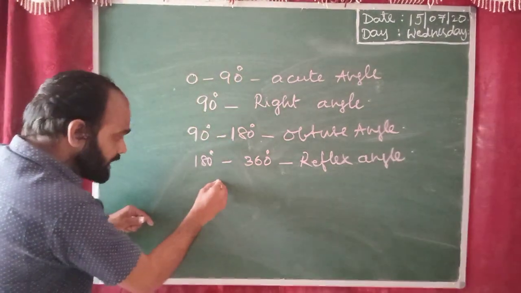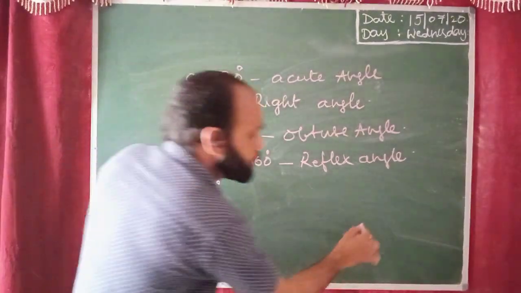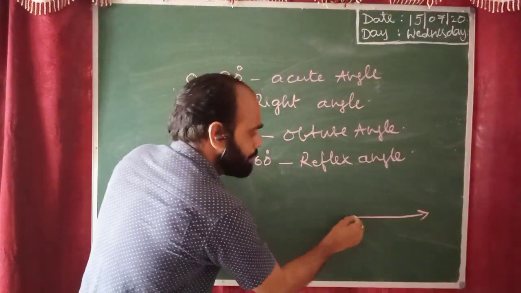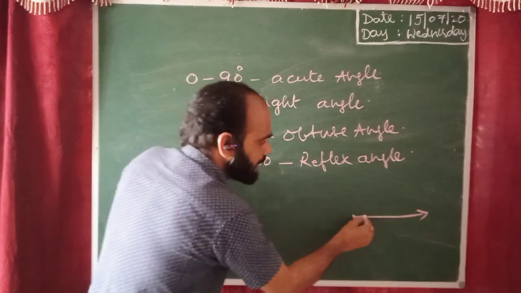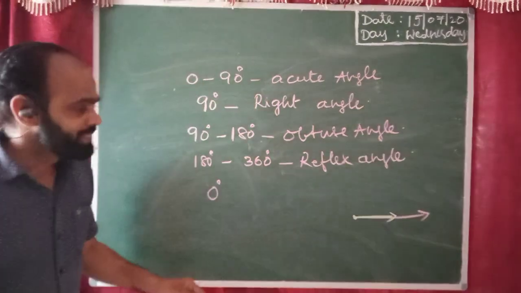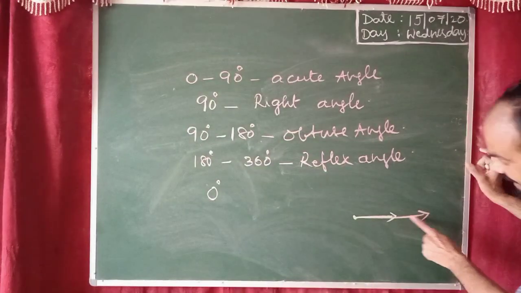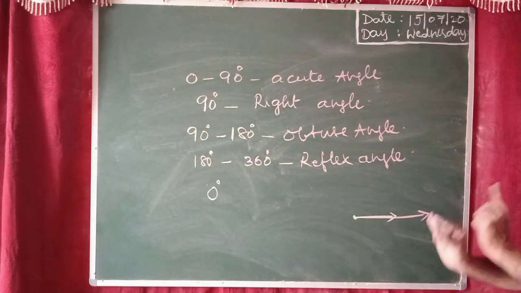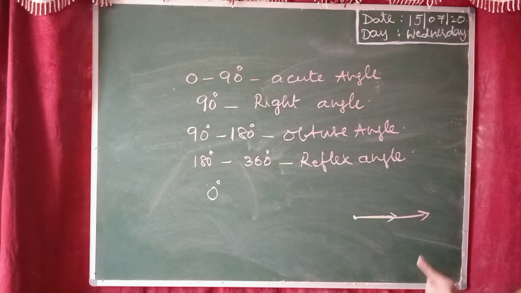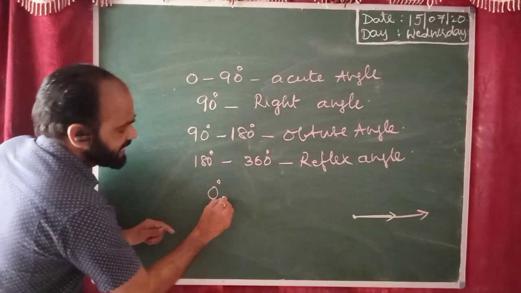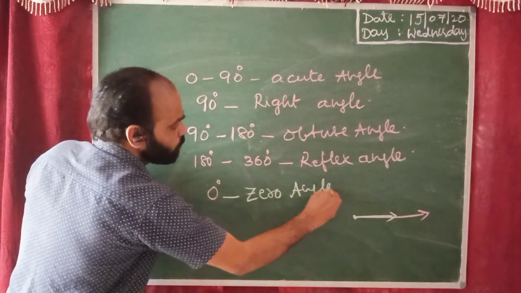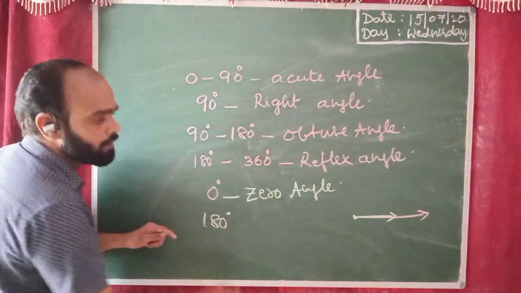If it is 0 degree, what is the meaning of 0 degree? I have taken the ray and I am about to rotate this ray, but I have not rotated anything at all. That means the initial ray and terminal ray coincide with each other. No rotation is made, no angle is formed. That is what we call a zero angle. If it is 180 degree, what will happen?